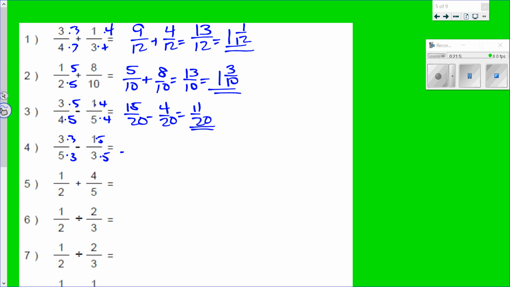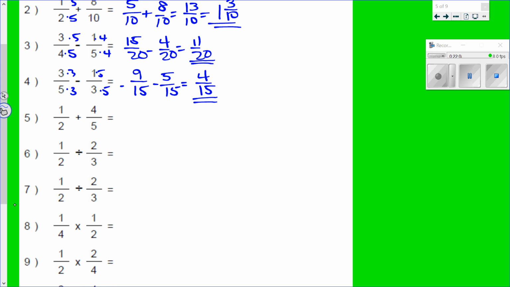So that's going to give me 9/15 minus 5/15, which is going to be 4/15. 1/2 and 2 and 5 is going to meet at 10. So times 5 times 2 gives me 5/10 plus 8/10, or 13/10, which again simplifies to 1 and 3/10.